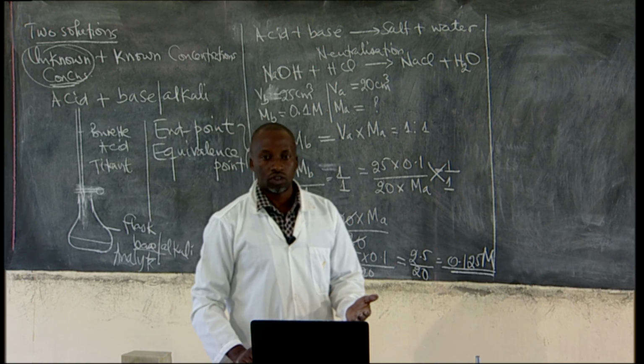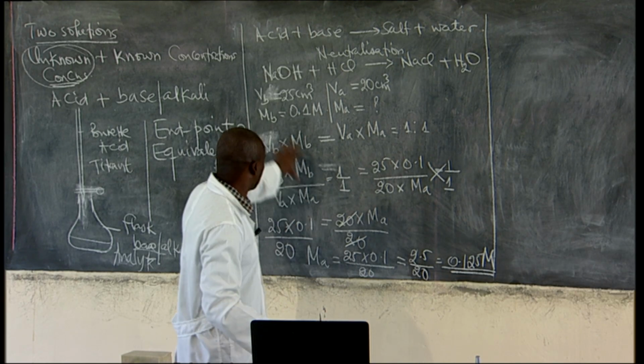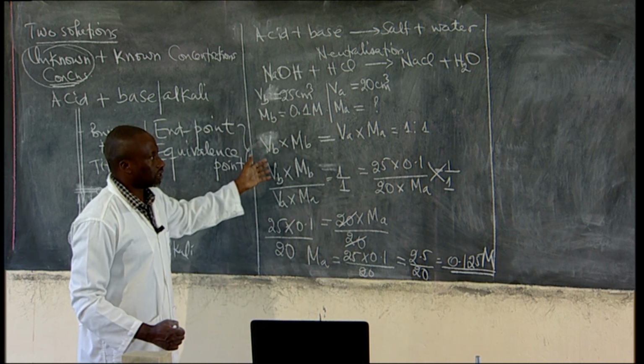Number 2, in a titration of 25 sodium hydroxide, is almost a similar question. It is only changing the values. So you can approach question number 2 in the same way as this. There is another method we can use, which maybe can be simpler.